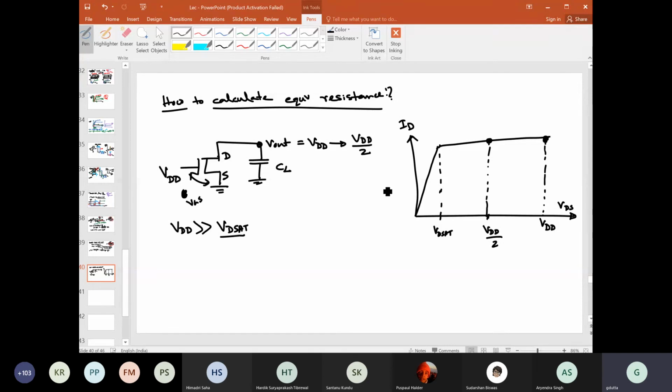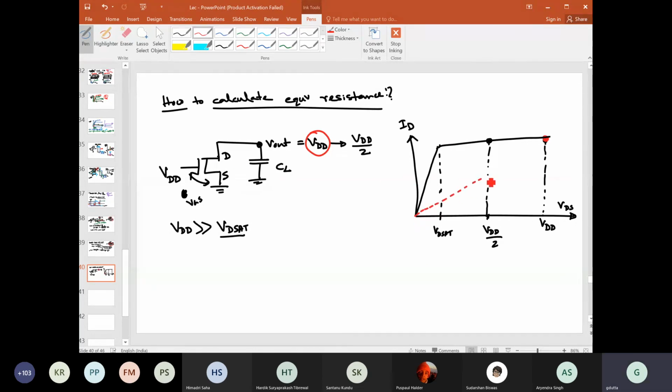Now think about when the transistor is in this situation. The starting condition is VDD, so the voltage drop across this transistor, VDS, is VDD, and the current flowing through it is this value. What will be the resistance offered?